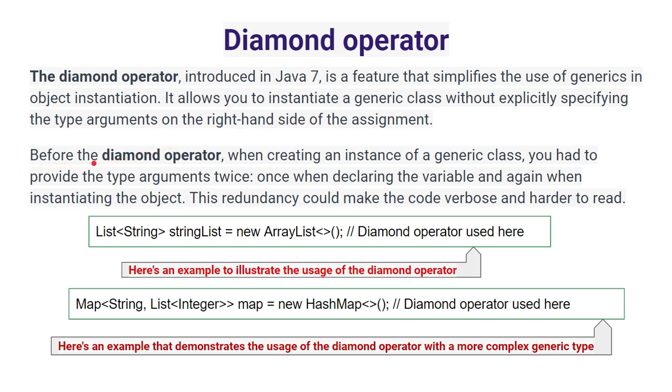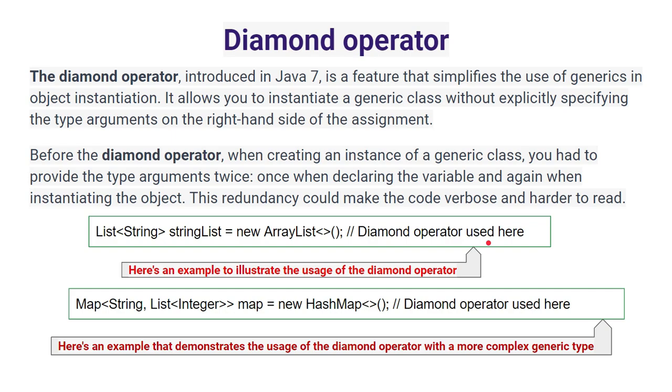Before the diamond operator, when creating an instance of a generic class, you had to provide the type argument twice. You have to remember these things. Once when declaring the variable, and again when instantiating the object. The redundancy could make the code verbose and harder to read. So that is something difficult, you can say, but let me explain it.